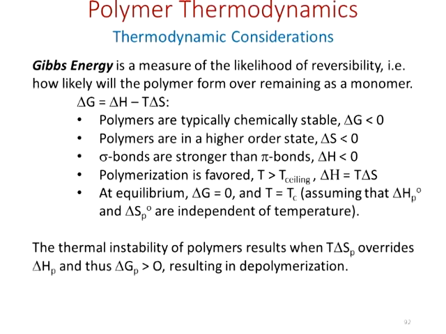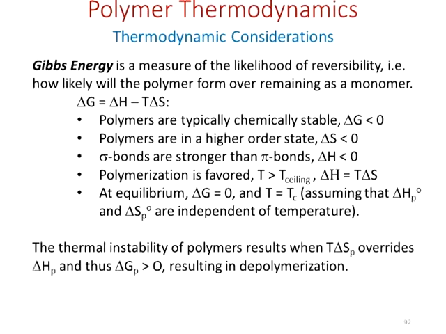Now, another way to visualize or think about this thermodynamically is with regards to the Gibbs energy. Now, Gibbs energy with regard to polymers is a measure of the likelihood of reversibility. In other words, how likely is this to be a reversible process? All right.